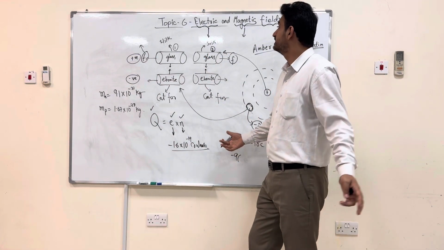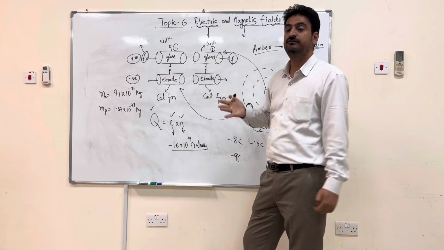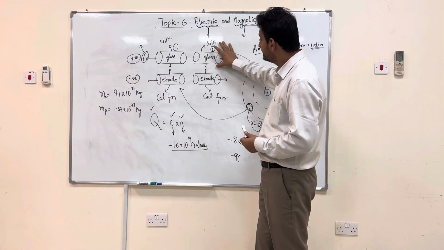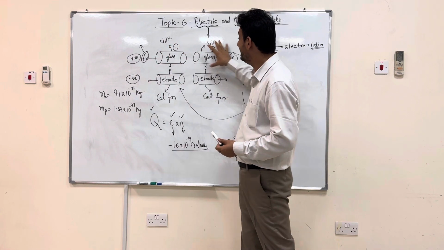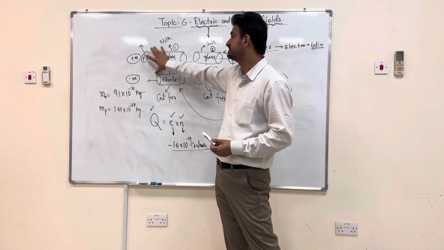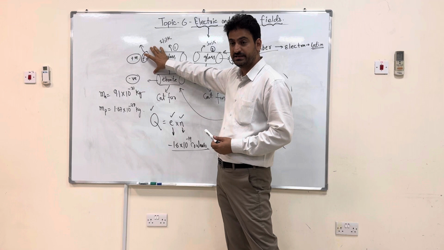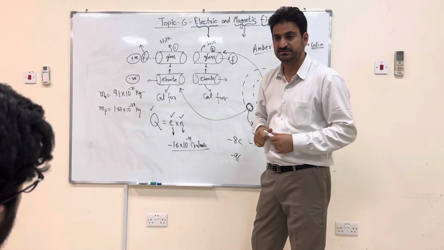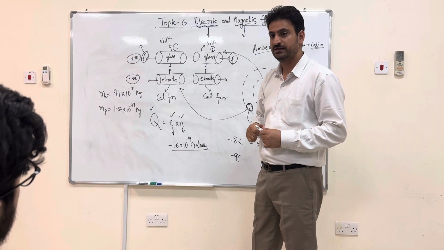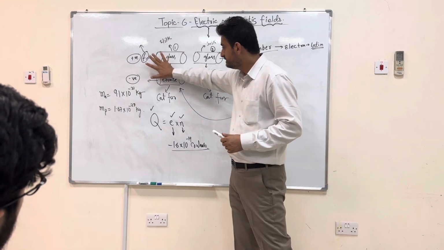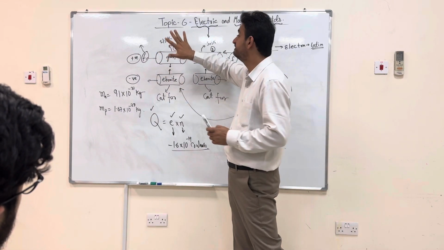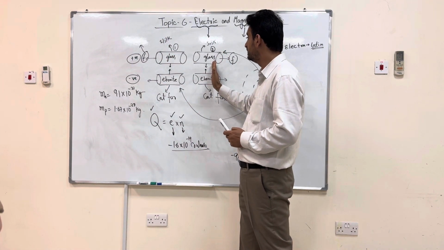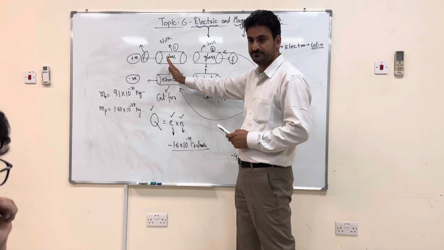Because what is field? Field is the kind of influence that one can exert. So this glass rod can exert some kind of influence on glass rod 1. What kind of influence is that? It is an electric influence. So this is the region, this is the field where this glass rod can exert an influence.